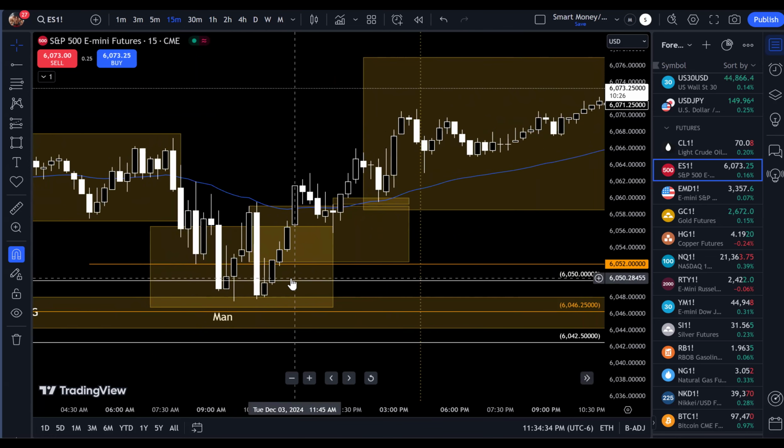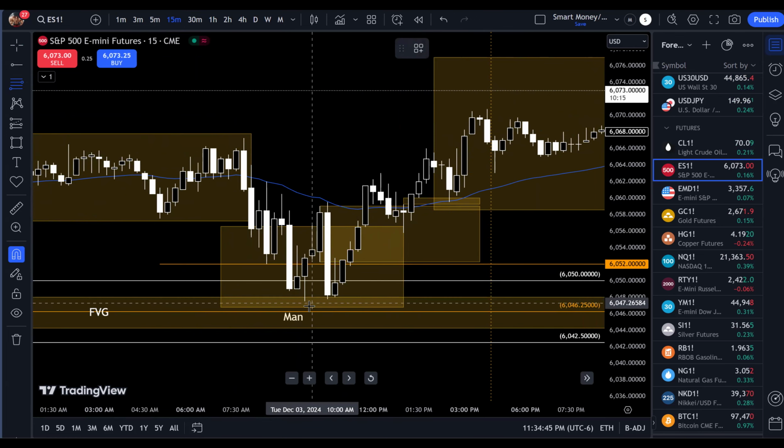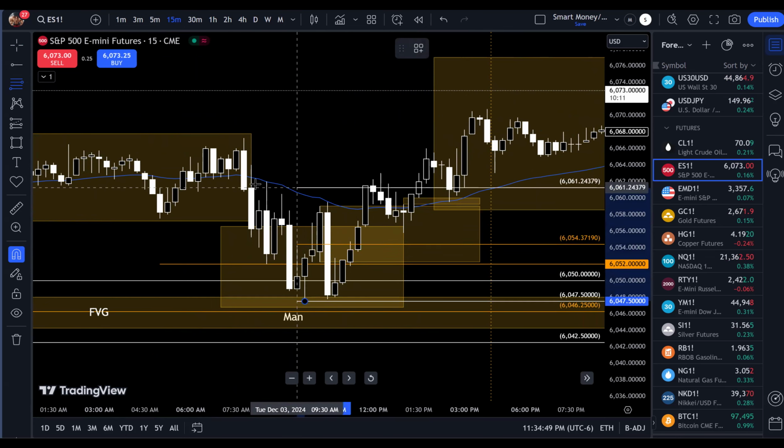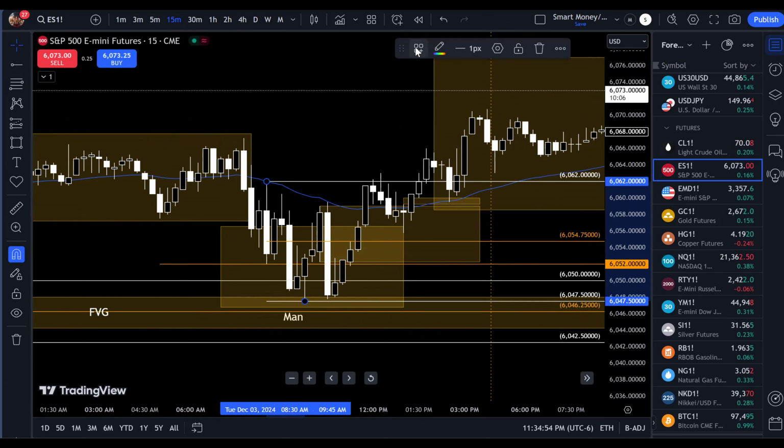For standard deviation projections, remember that magical fib I told you guys about? Watch this. I pick the lowest one to the last high that was created, this high here. I call it my Black Diamond All-Star Fibs.